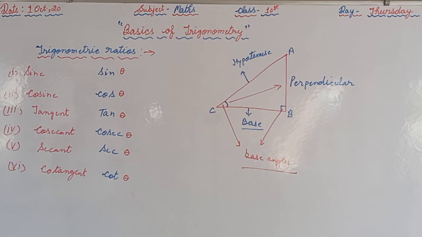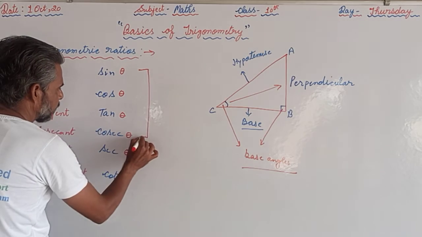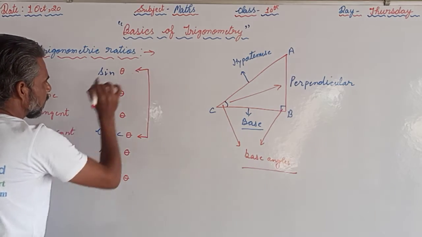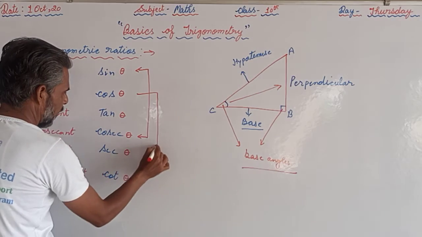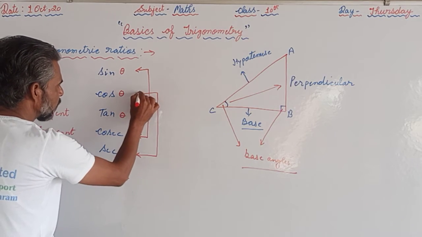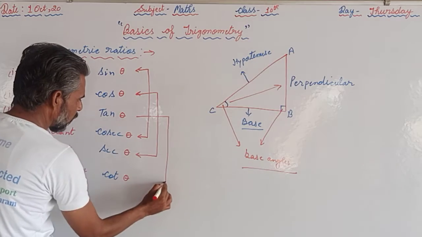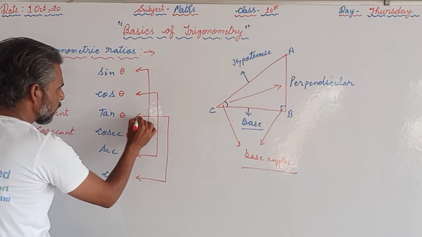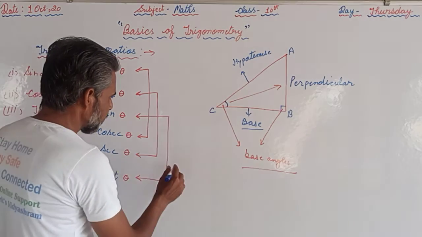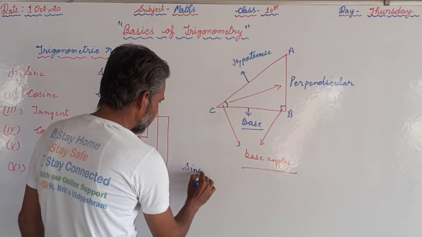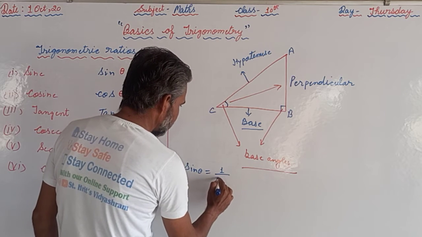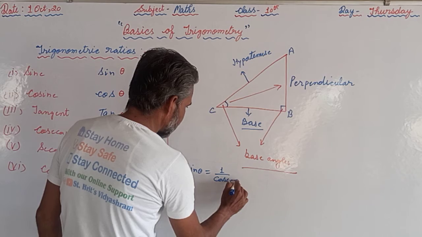Now, the important thing is that sine and cosec are reciprocal of each other. Cosec and sec are reciprocal of each other, and tan and cot are reciprocal of each other. We can say that sine theta is equal to 1 upon cosec theta.